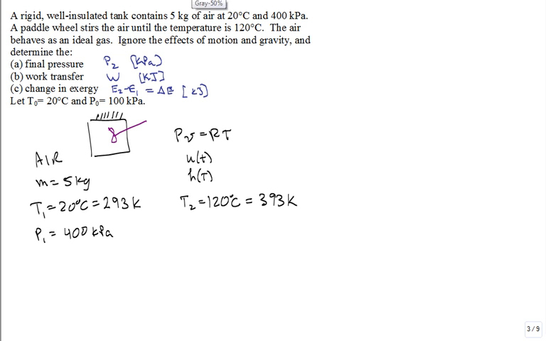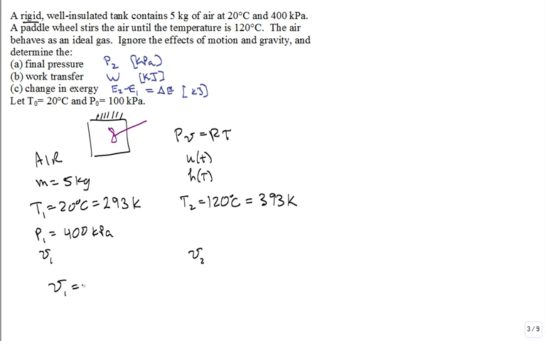How are we going to solve for part A? How are we going to find the final pressure? Yeah, for a rigid tank, after you've studied these things for a while, you know the volume of the tank didn't change. And it's not a leaky tank. The amount of air in the tank stayed the same. So the ratio is the same, so the specific volume at the end state is equal to the specific volume at the initial state. I don't have to calculate the V. I just know that v1 is equal to v2.